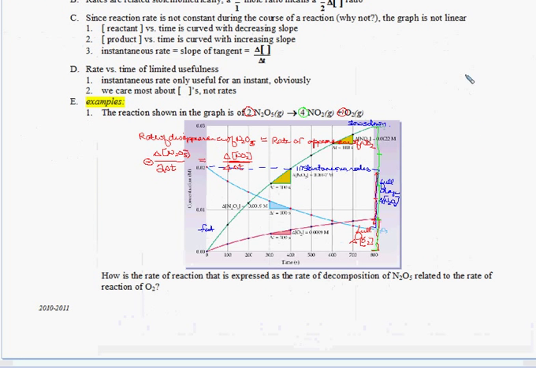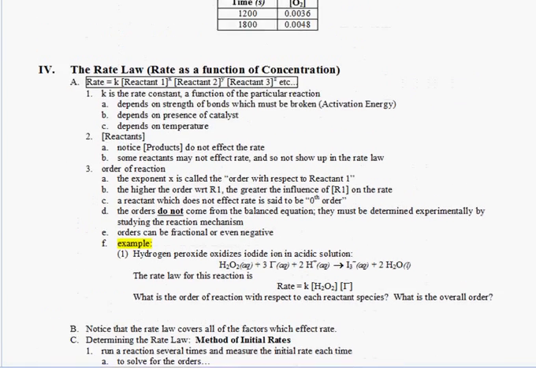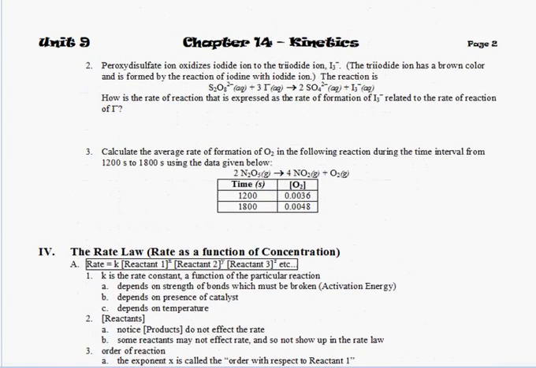Okay, so let's go ahead and turn the page. As we take a look at our next couple of examples, we have peroxydisulfate ions that are oxidizing the iodide ions. And again, you're being asked how the rate of the reaction that is expressed as the rate of formation of I3- relates to the rate of reaction of I-.